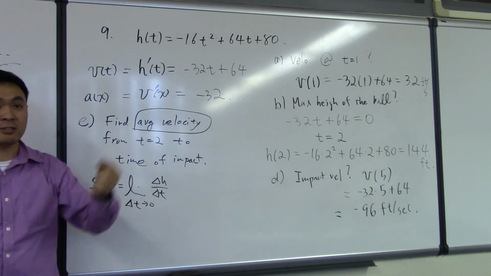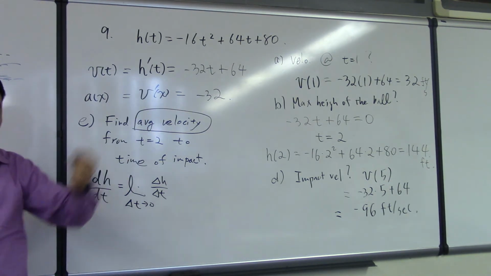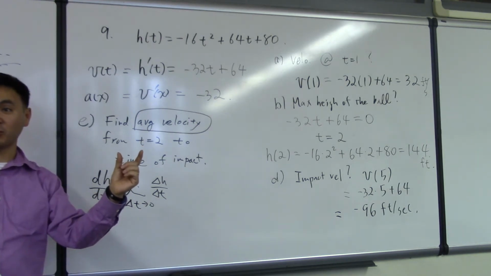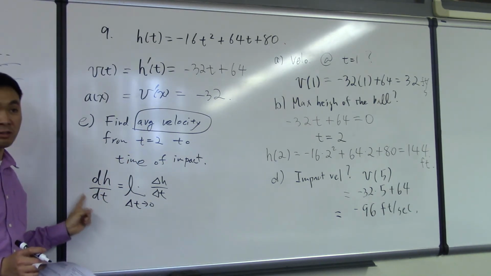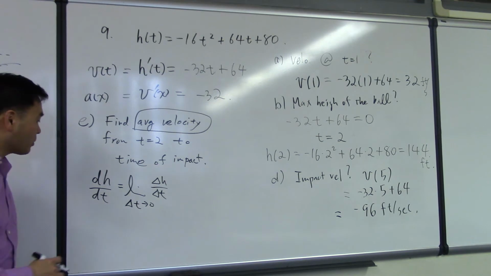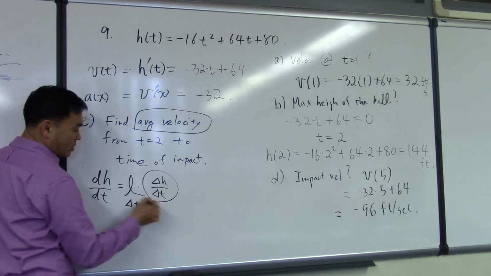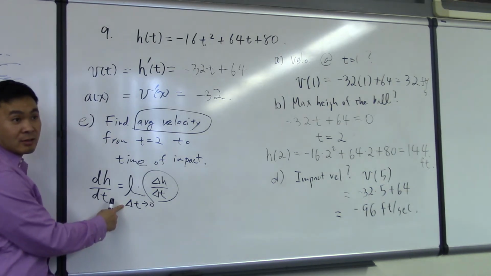That's what we call the slope of the secant. And when you decrease this window, delta t, down to 0, that's what we call the instantaneous velocity. So when you call it the average velocity, it's really talking about this one without the limit. You get that?